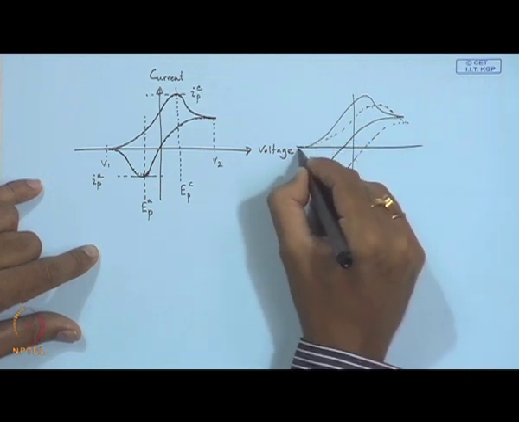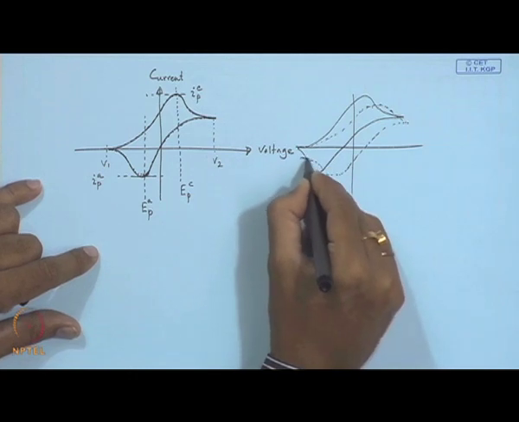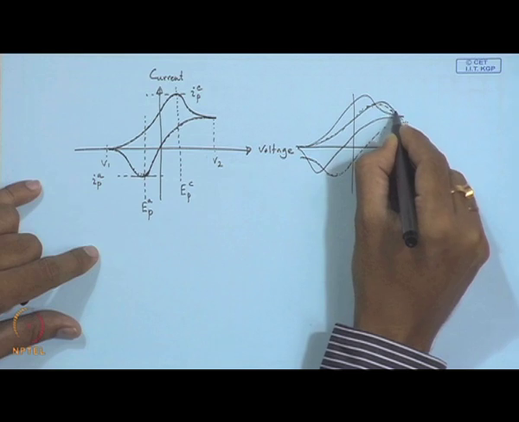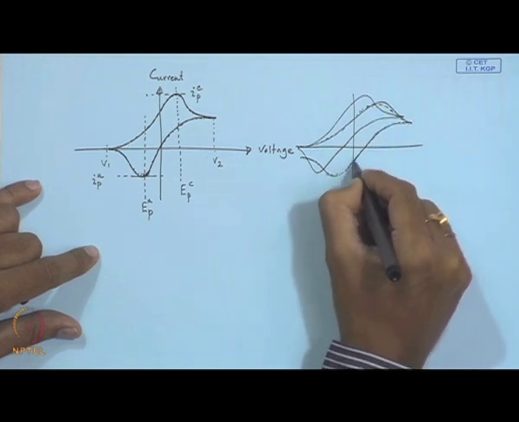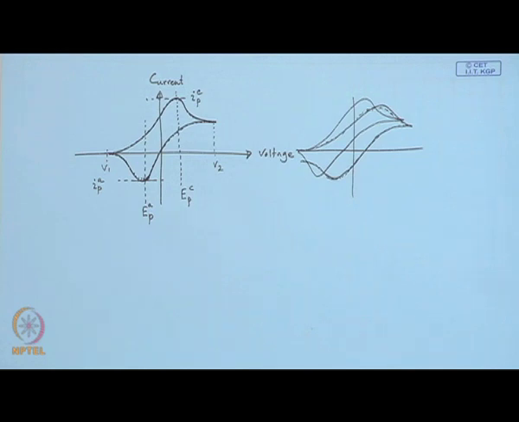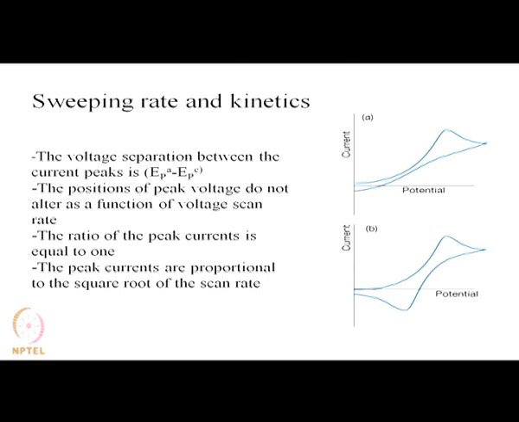Here you see it is just like a perfect hysteresis kind of thing, but that may not be observed. That is a signature of irreversibility. So these are the points that one should carefully look into while considering this current potential diagram for voltammetric studies.